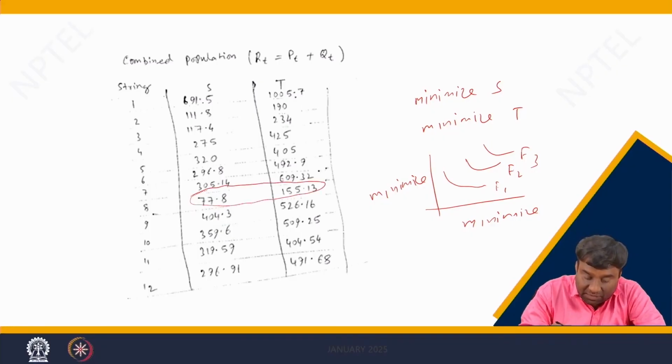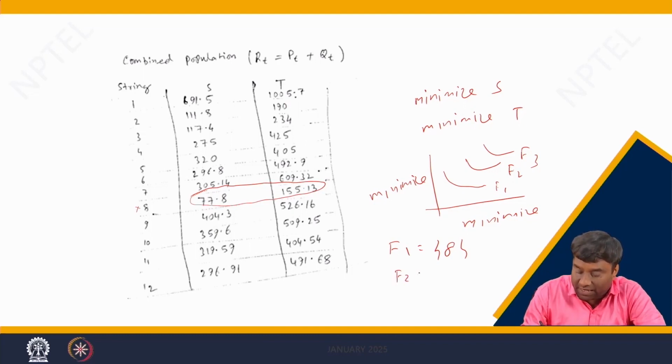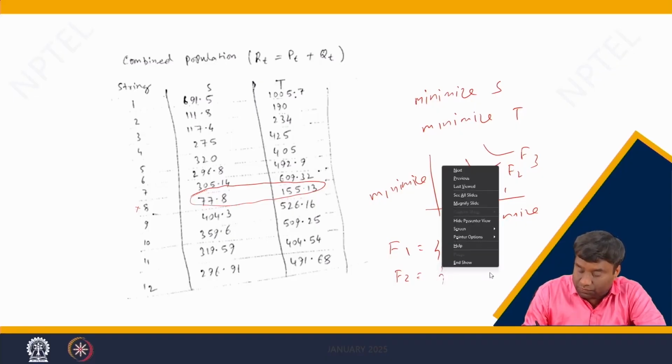This is the minimum here, and 155 is also minimum here, so we can say that f1 is 8. Next, if you try to find 8, then the list is here, 2 with 118 and 190. So f2 you can write as 2.